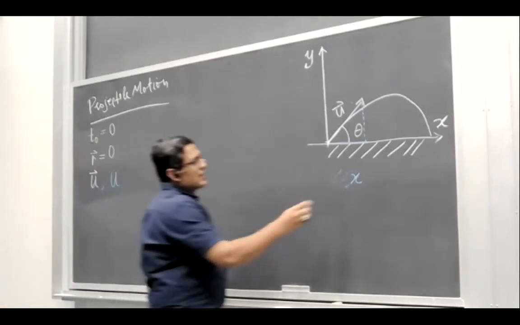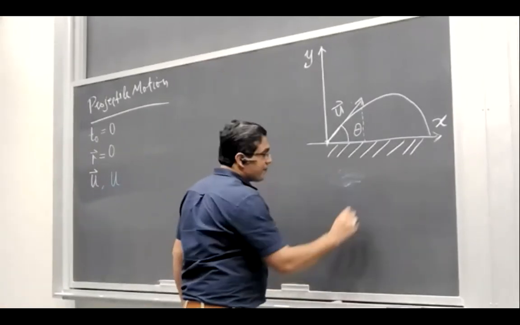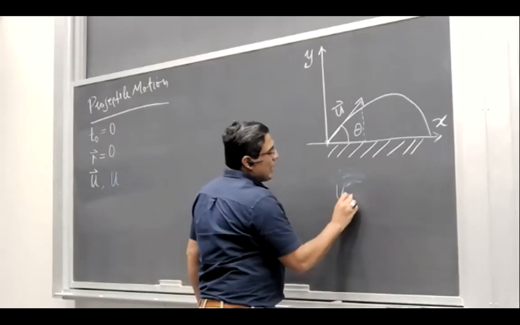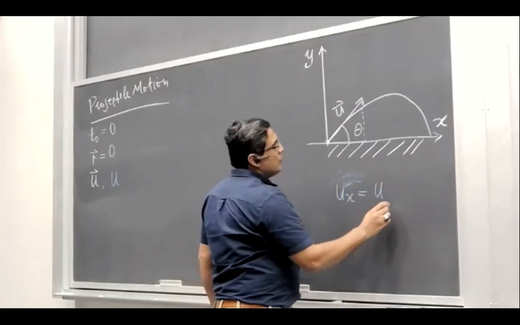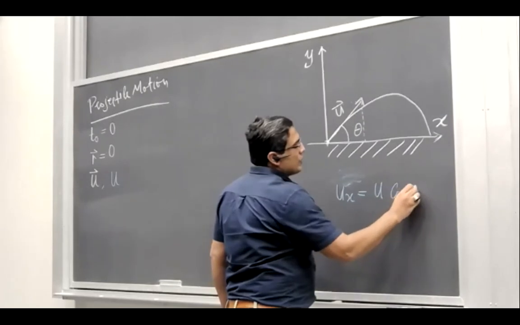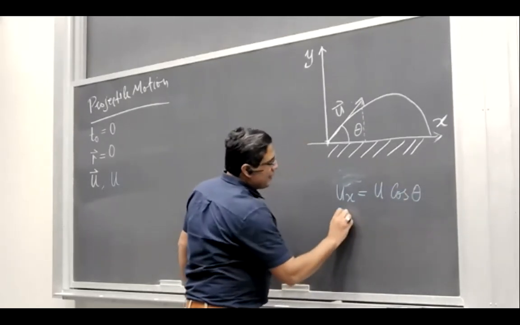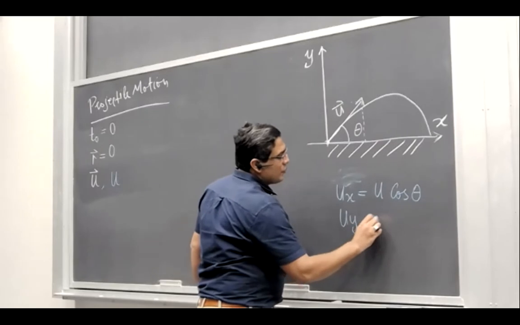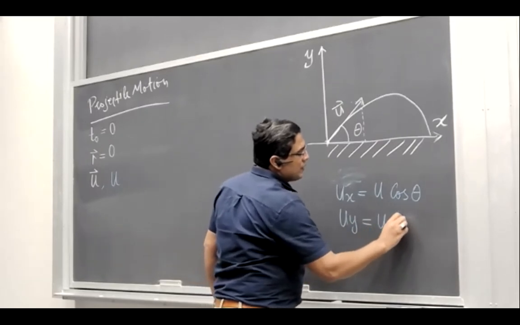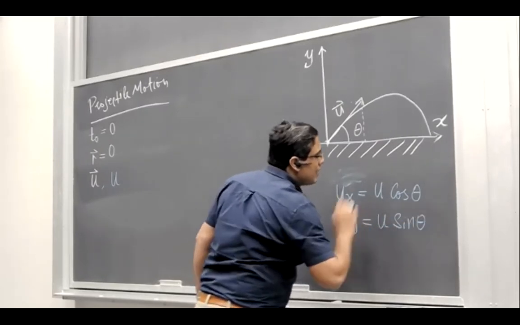Okay, so the x component of the velocity, ux, would be u cosine of theta, and uy would be u sine of theta.